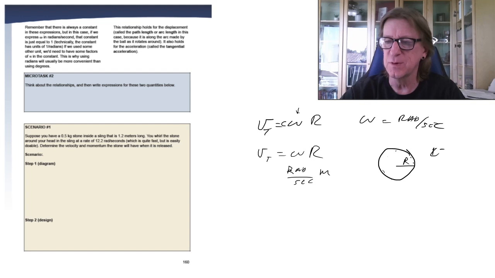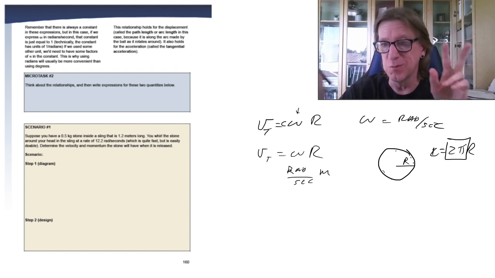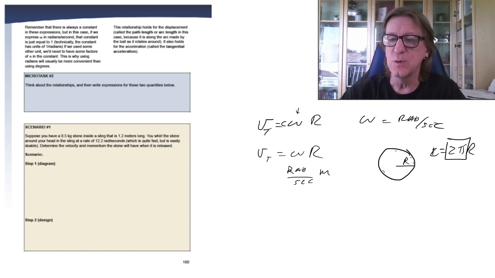Remember that our circumference was 2 pi r. And so this 2 pi is literally radians. So anytime you have a radian, when you're trying to balance the equation on each side, you can ignore the radians in your balance so that you can make sure that everything works out. And so here you see I have radians per second times meters. Well, that leaves me with meters per second, which is what I want.